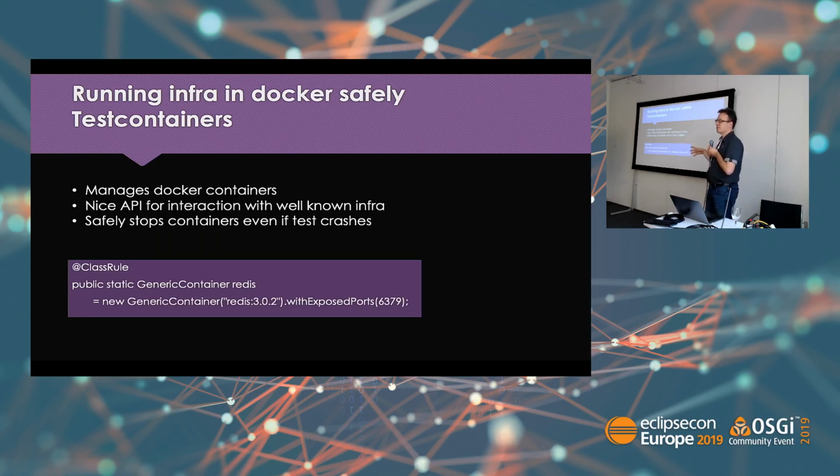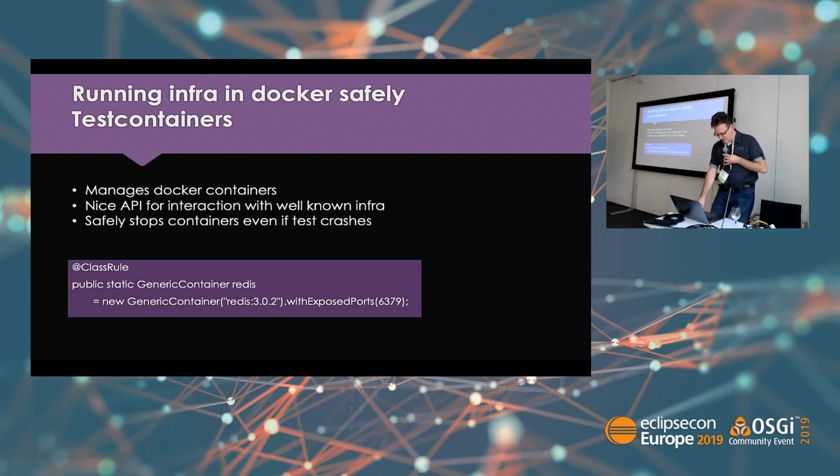So it can bring up containers with a dynamic port, so you don't have to specifically reserve a port. And then you can say get client, and you get the client for this special thing like a messaging system that you can directly use without taking care of which port the Docker container exposed.